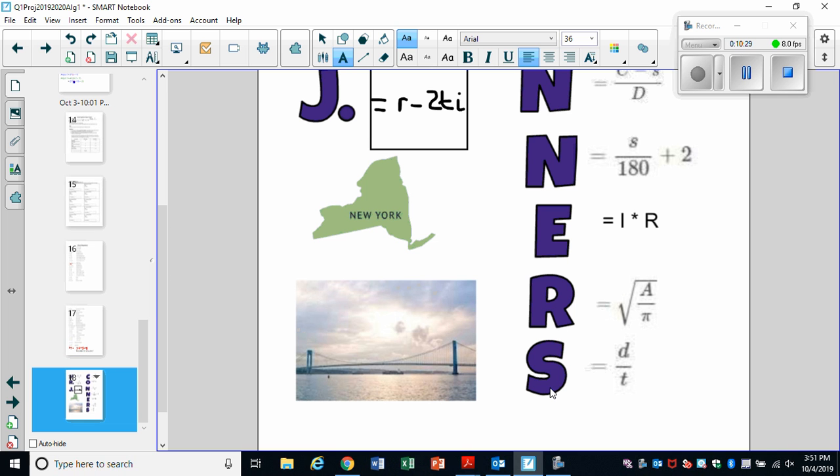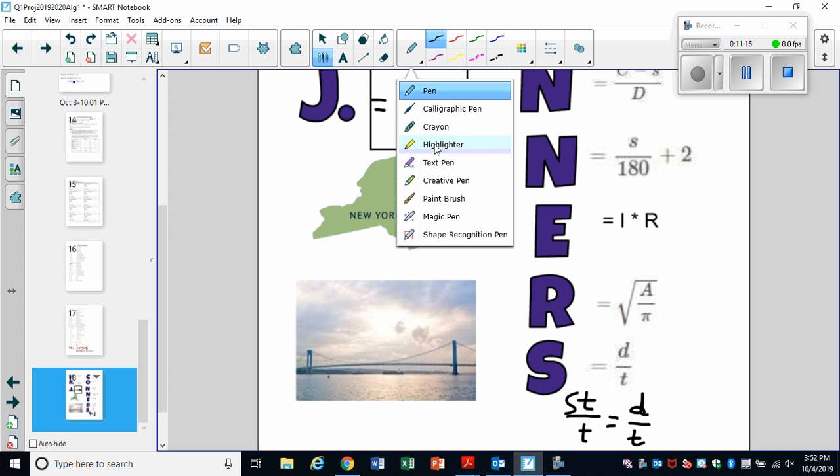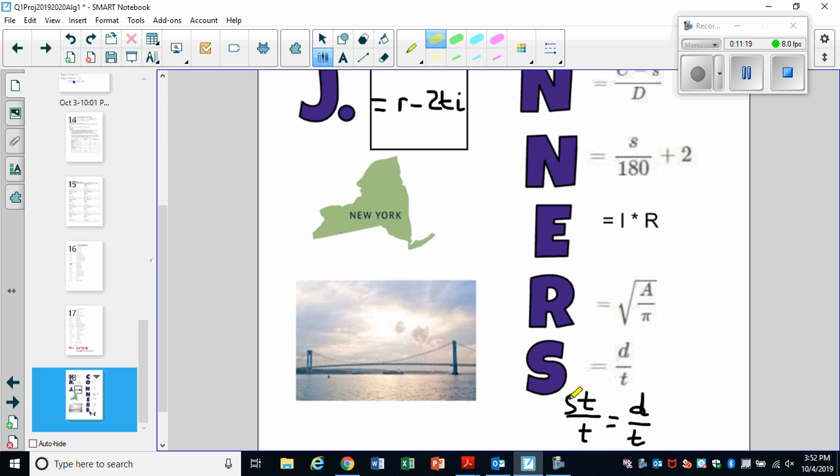But now we have to solve for S, and that's how we have S is equal to D over T, because we divided both sides of S times T by the letter T, which equals D over T. Because your original equation is S times T equals D. So I will highlight the original equation. And there we have it.